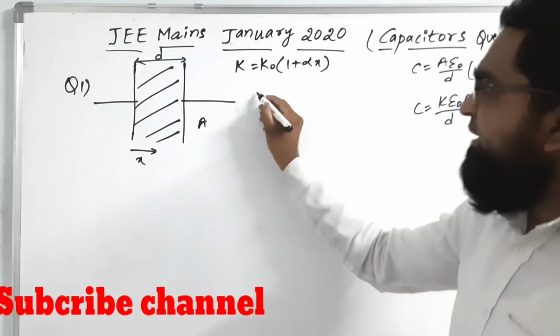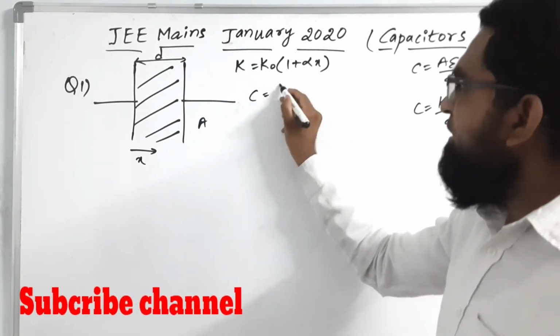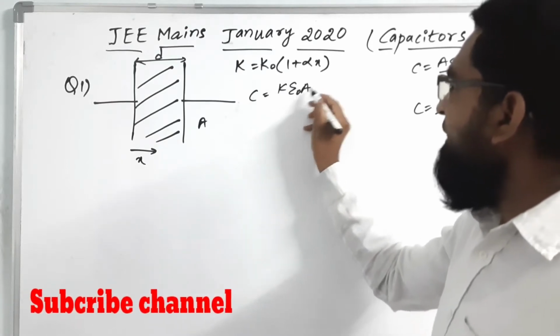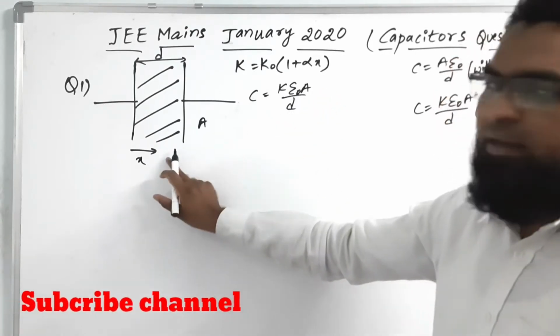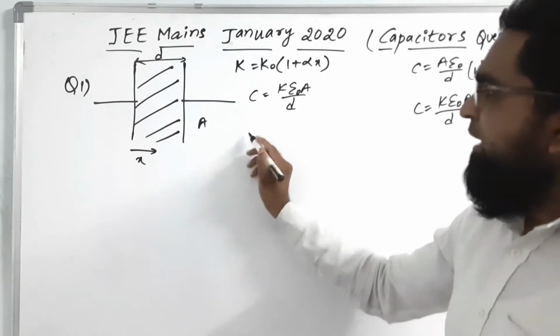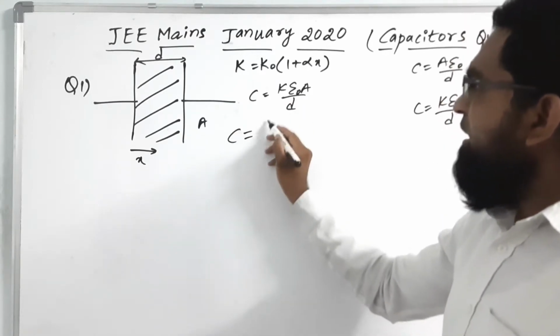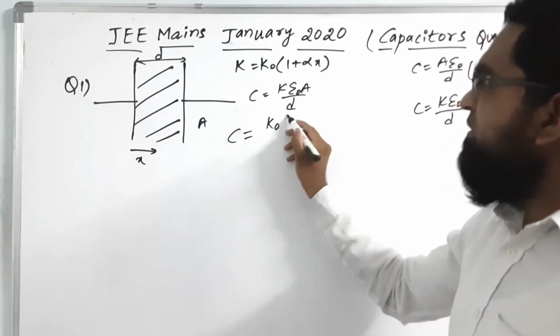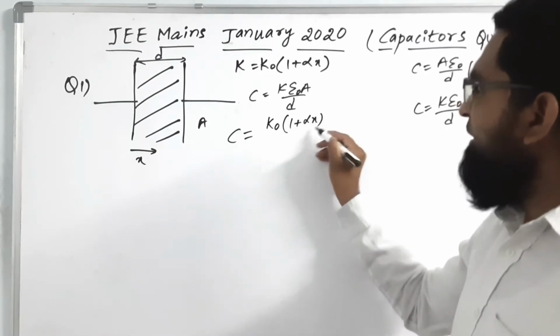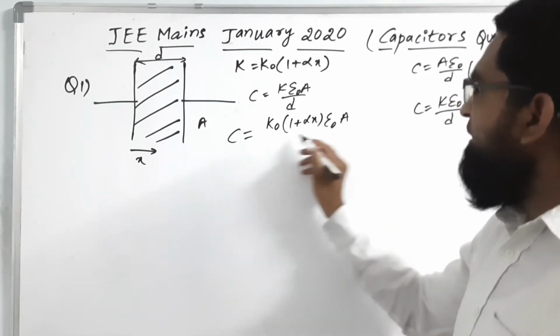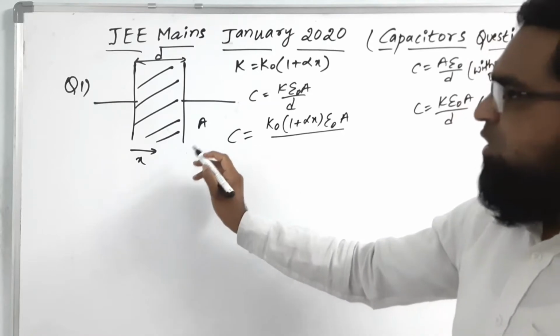So C is equal to K, and the K value is K naught of 1 plus alpha x, into epsilon naught A by the distance, which we don't know here.